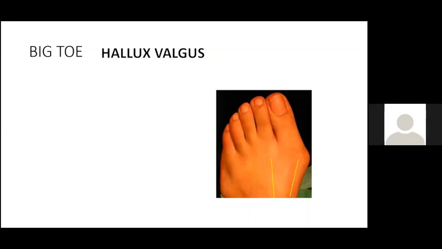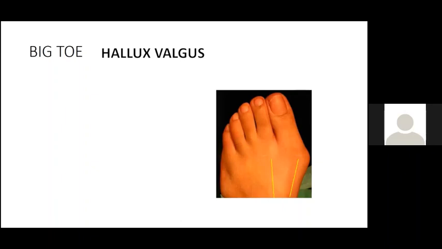Mild cases we can give conservative treatment with a wide toe box and toe spacer. It will not treat the deformity, but it will prevent progression. If the patient has signs of pain and further progress of deformity, then we can go for treatment with osteotomy.